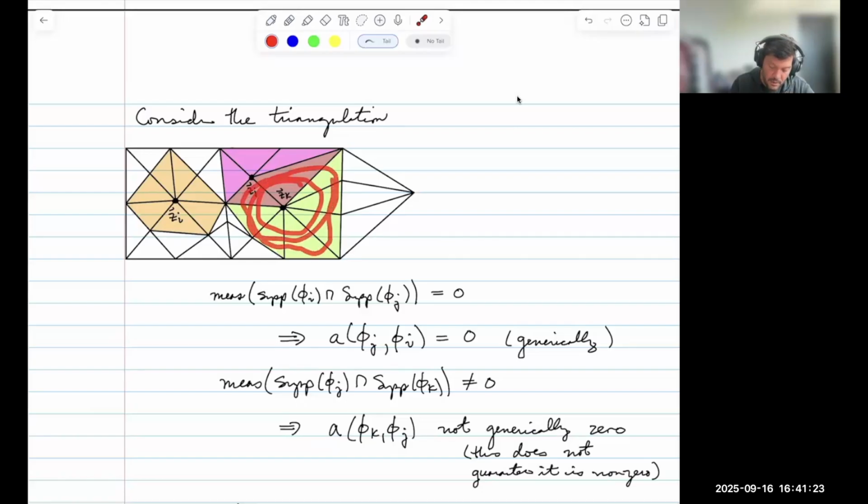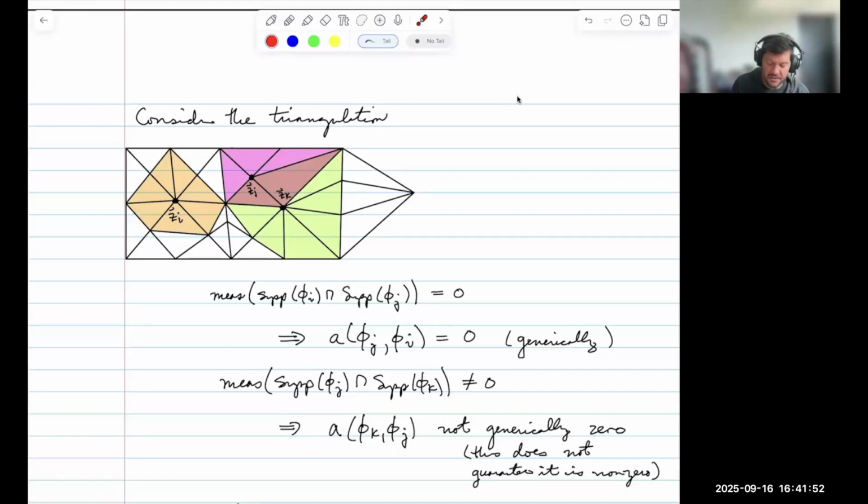Let's look at this basis function phi j, which is going to be 1 at zj and 0 everywhere else. What is its support? It's any triangle which has zj as a vertex: this one, this one, this one, this one, this one, those 5 triangles.